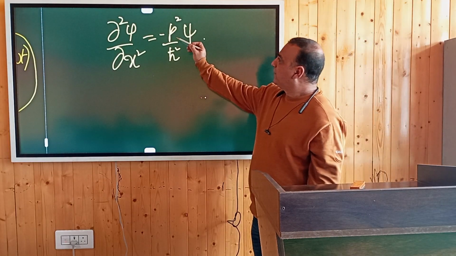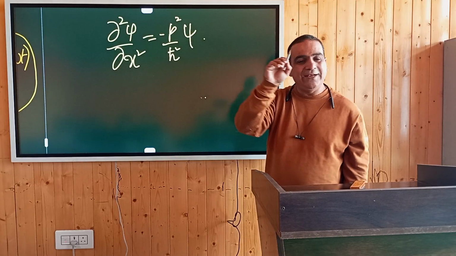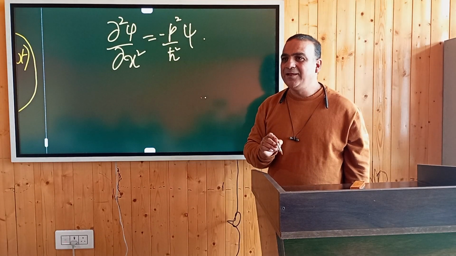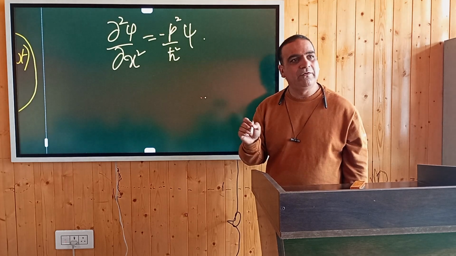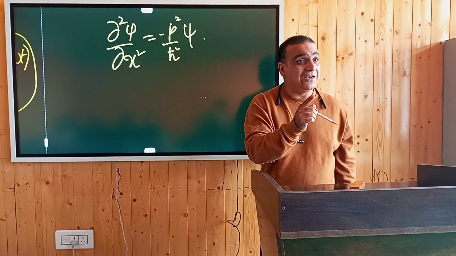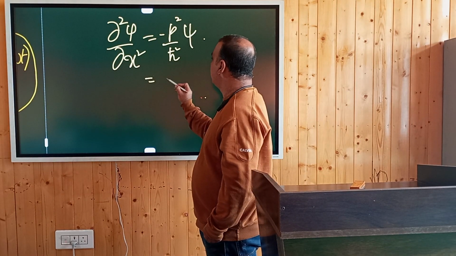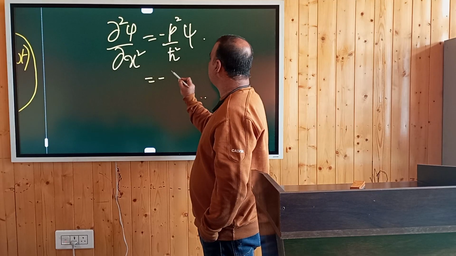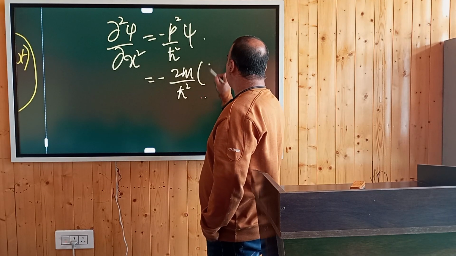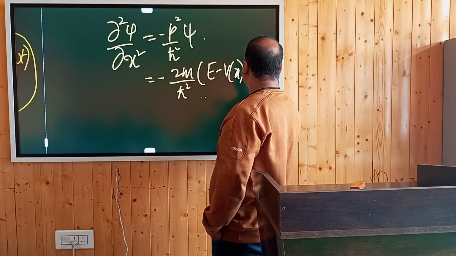Now, you remember I calculated this p square. I took an ideal system of which we have the total energy equal to E, and that is the algebraic sum of the kinetic energy and the potential energy. From that equation, I calculated the momentum square. So that was 2m by h cross square, then E minus V of x, psi.